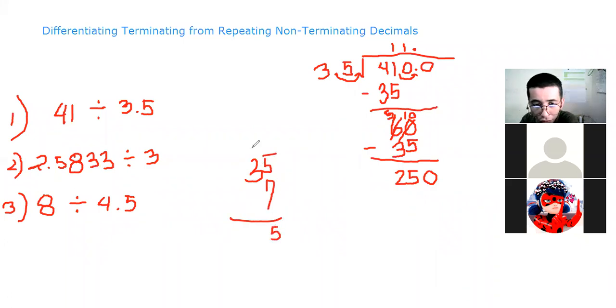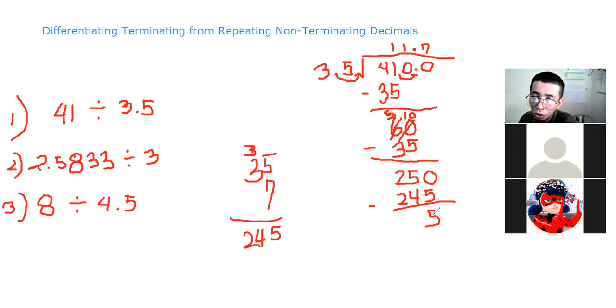So we carry 3. Then 7 times 3, that is 21, plus 3, 24. So 245. So 7 is right. So 250 divided by 35, that is 7. Then 7 times 35, that is 245. So we're going to subtract 250 minus 245, that is 5.